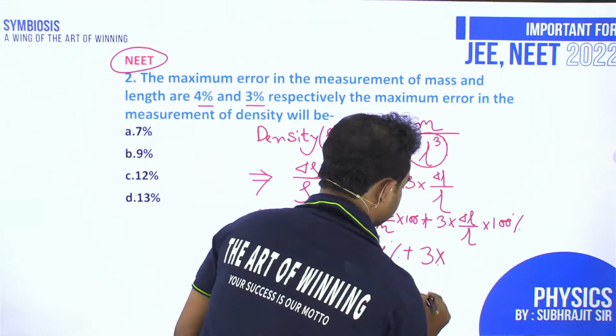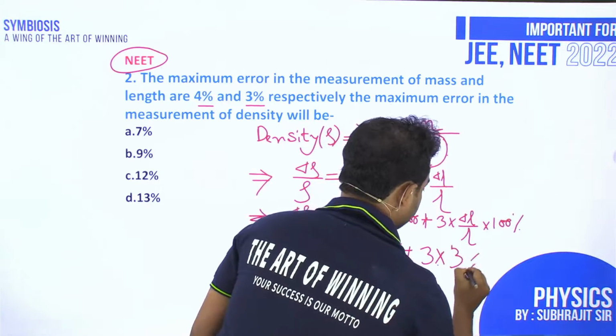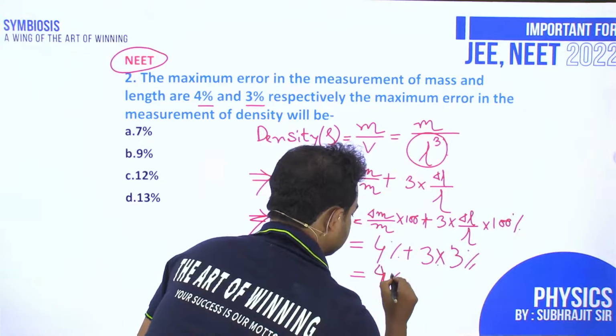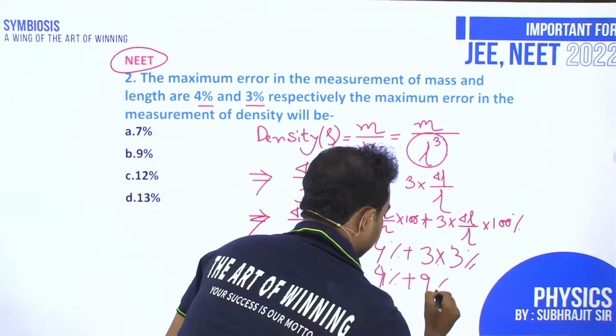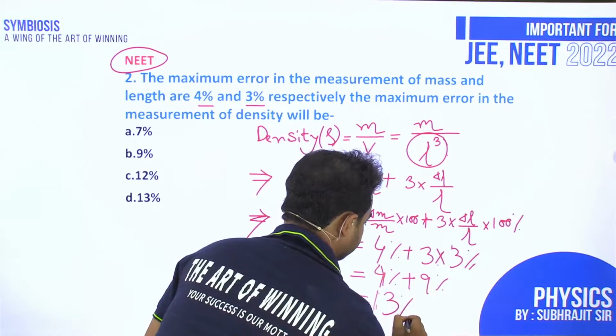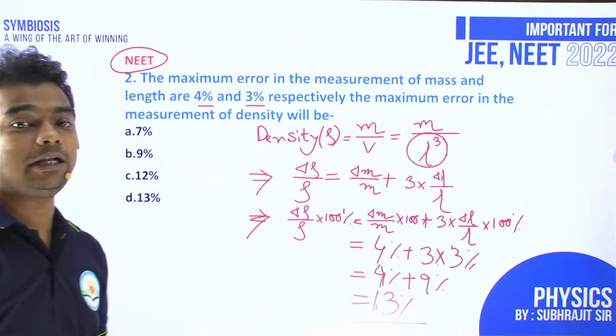So here 4% plus 3 into 3%, that means 4% plus 9%, that is equal to 13%. Got it? So the answer is 13%.